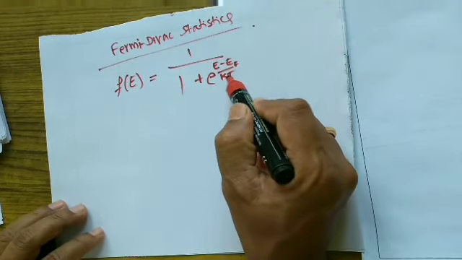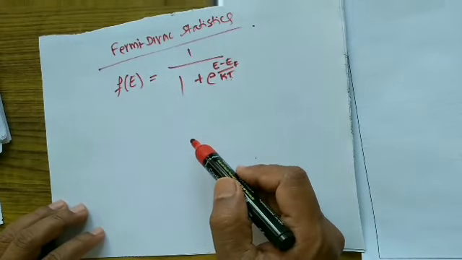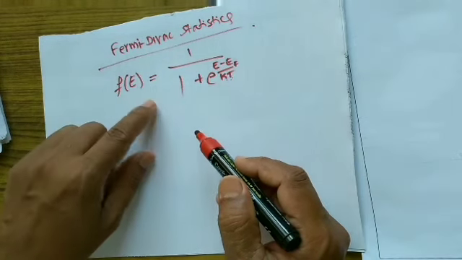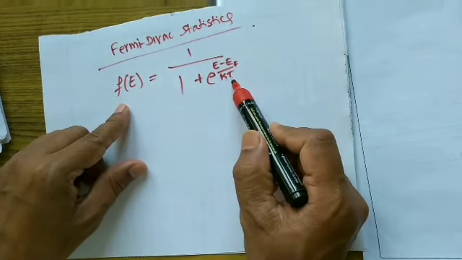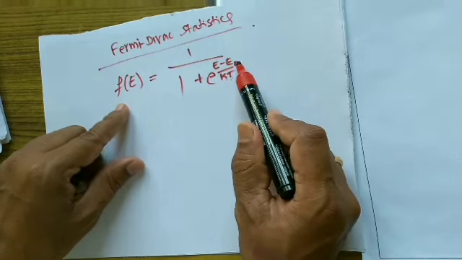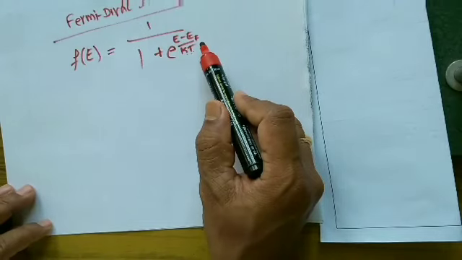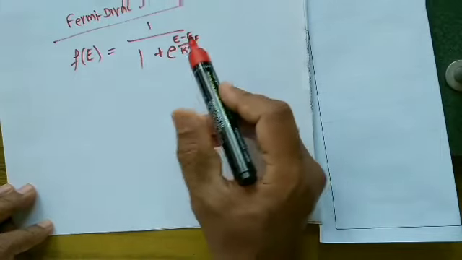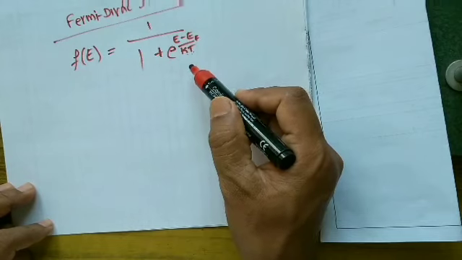K is Boltzmann constant and T is the temperature at which this probability of occupation is calculated. One can observe from this equation that the probability of occupation depends on temperature and of course the difference between E and EF. Let us now understand how this probability of occupation varies according to the temperature or according to the difference between E and EF.